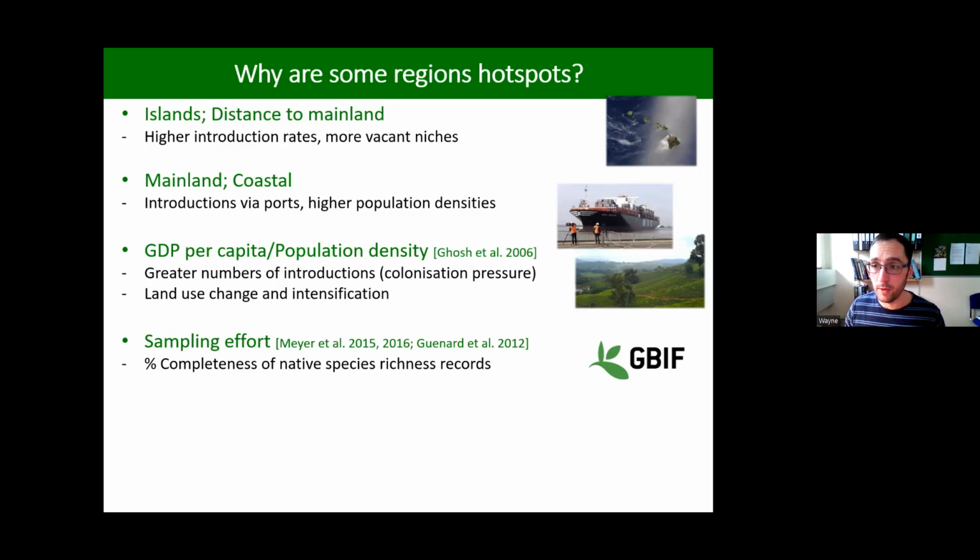And we can get at that by using something like the Global Biodiversity Information Facility in order to understand how complete native species richness records are, based on those occurrences compared to our native inventories. And we can use that as a proxy for how well we've sampled the introduced species.